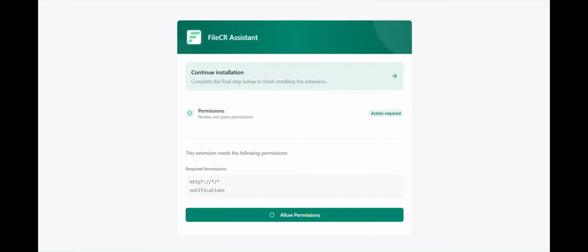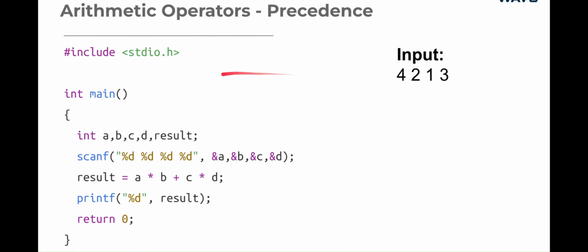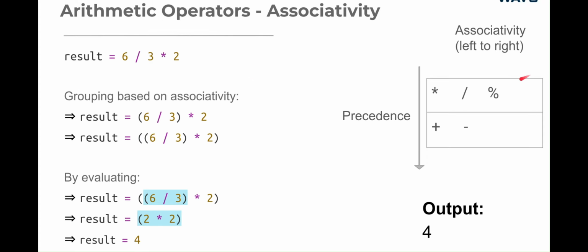Okay, why? Because here the preference is, first of all we should use modulus, then plus or minus. This is the process to evaluate the output. The output will be 4. Why? Because 6 divided by 3 into 2.